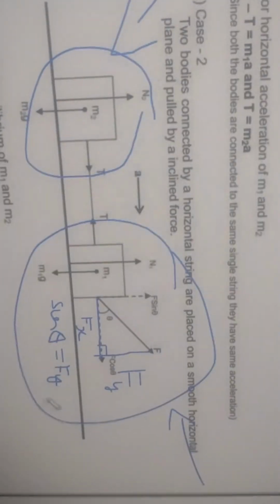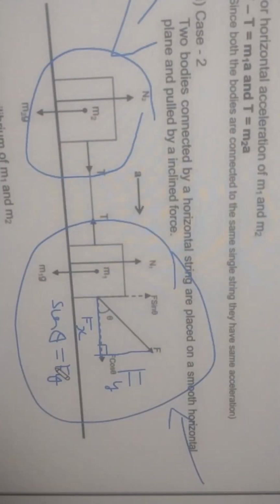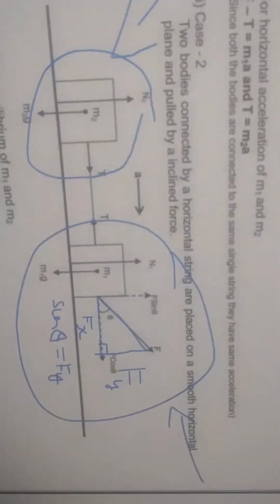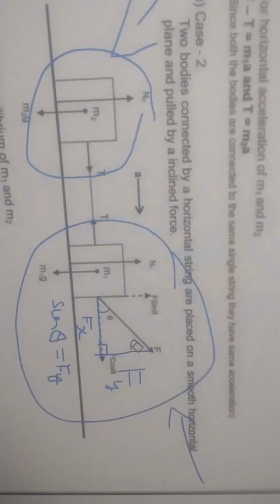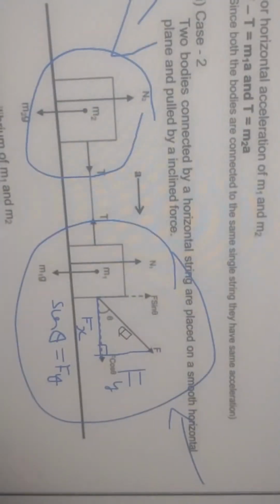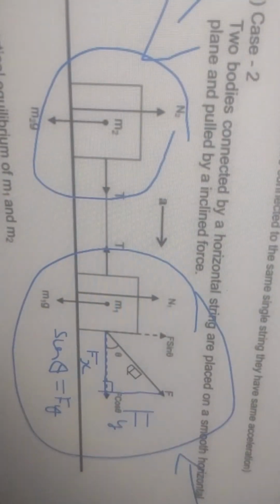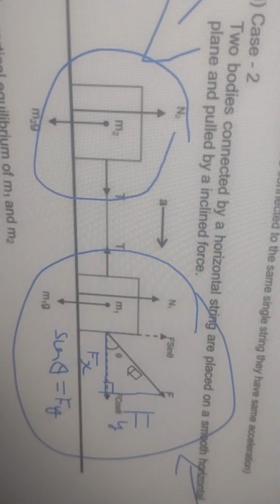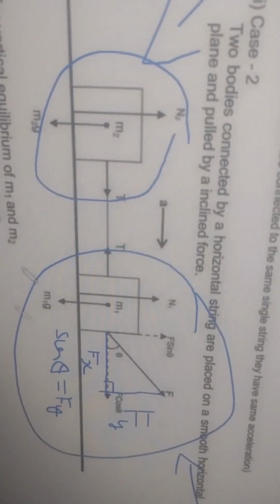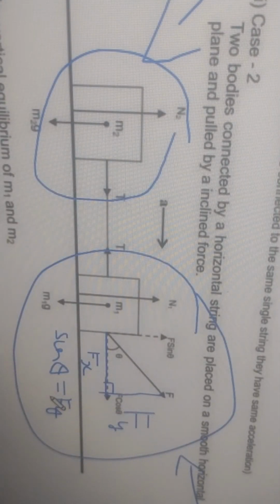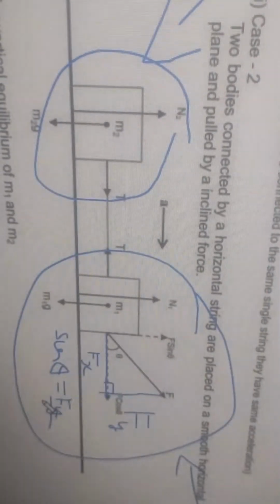P by h. H is this one, the force F, the hypotenuse. So this is F of y divided by force F, because this is h, hypotenuse. So this is p by h.